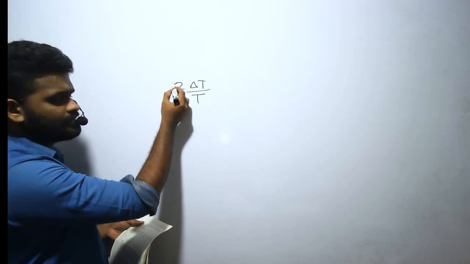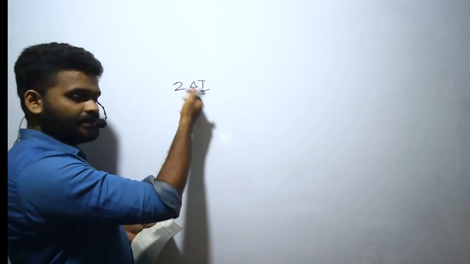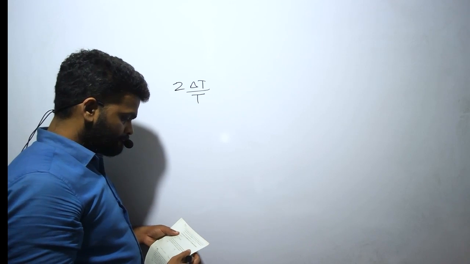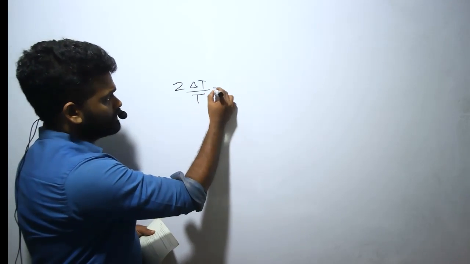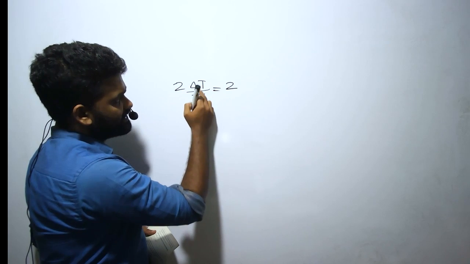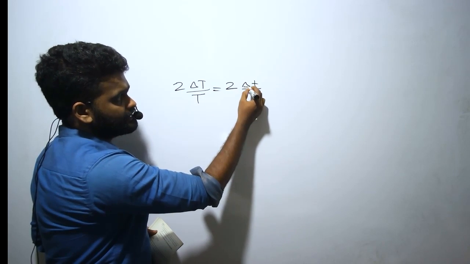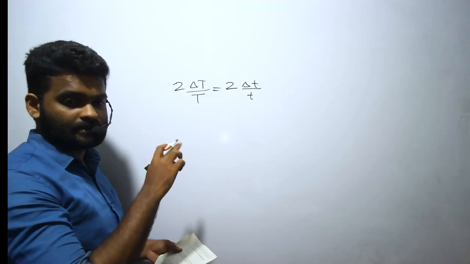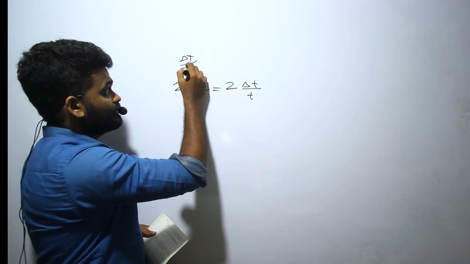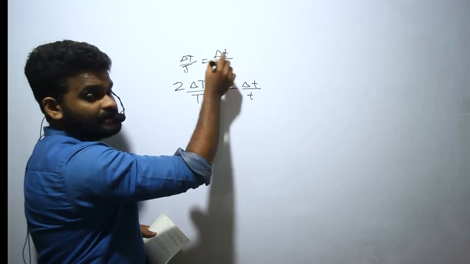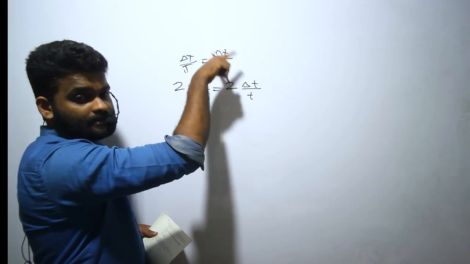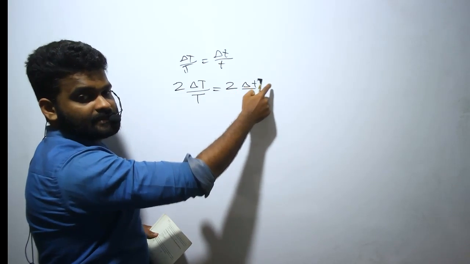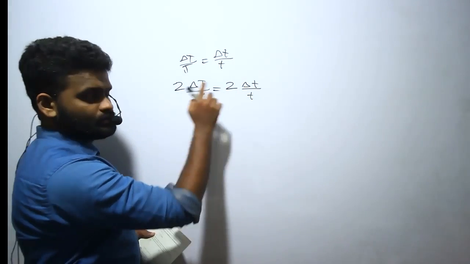There's a 2 as well, but you don't have to think about that. If they say so, you have to take so. So 2 delta T over T is equal to delta small t over t. Earlier, remember, we got that in the note. So instead of delta T over T, you can put delta small t over t, and there's 2 here.